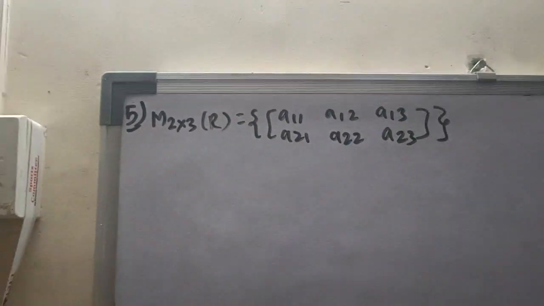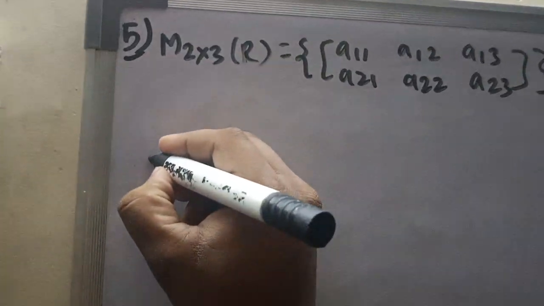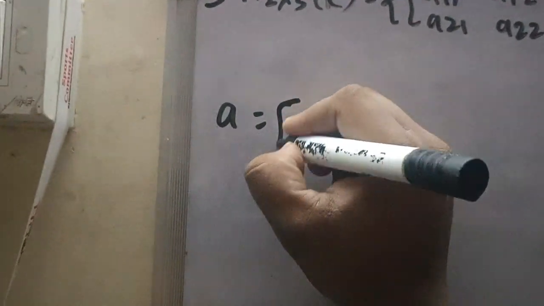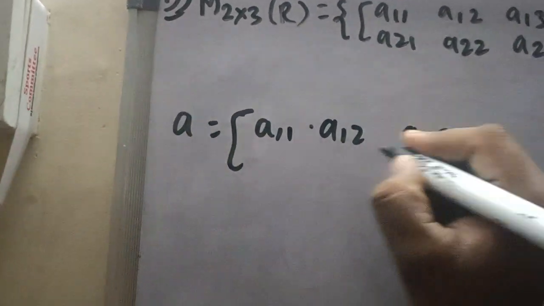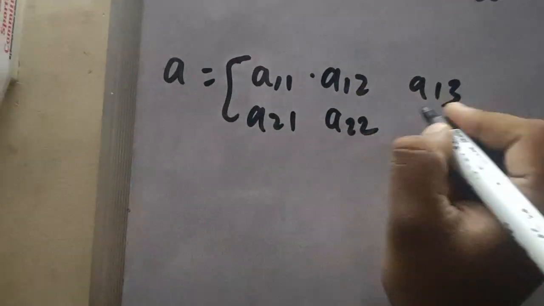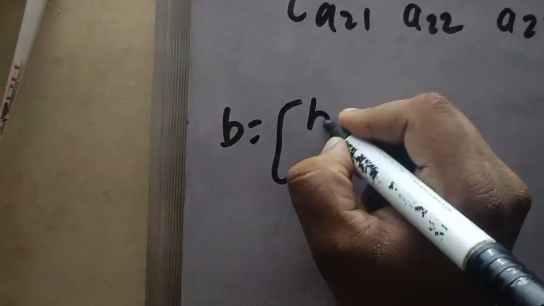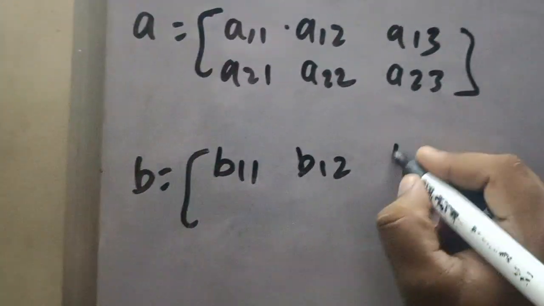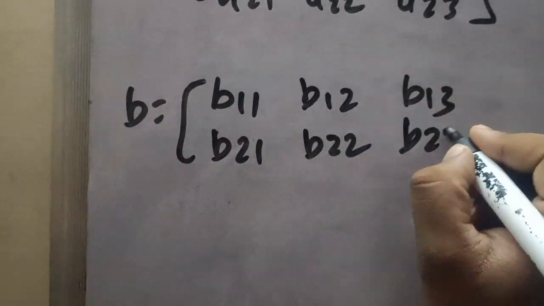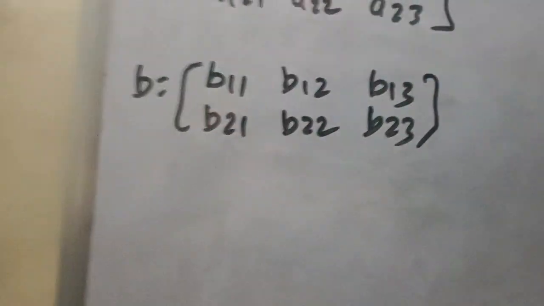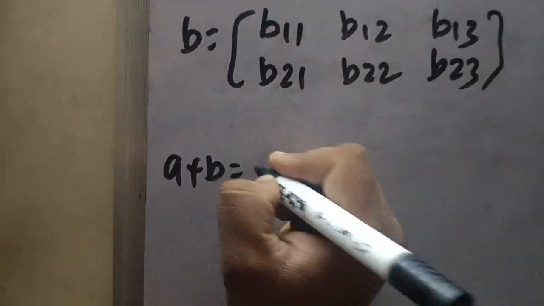Our next question is whether this matrix set is a vector space or not. Let's take two matrices: a11, a12, a13, a21, a22, a23, and let's take another matrix as b11, b12, b13, b21, b22 and b23. Now let's add these two.